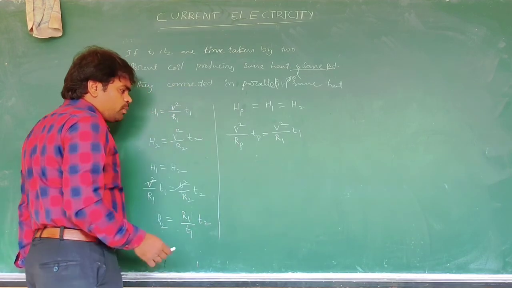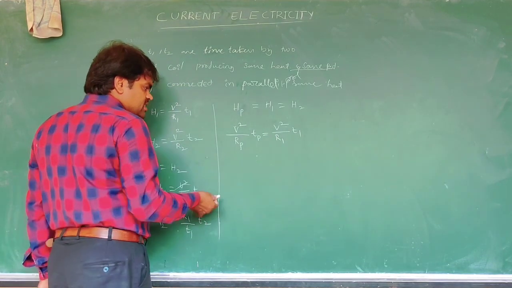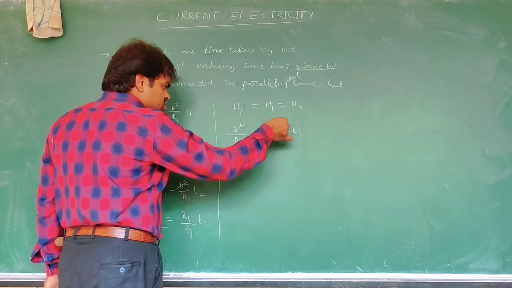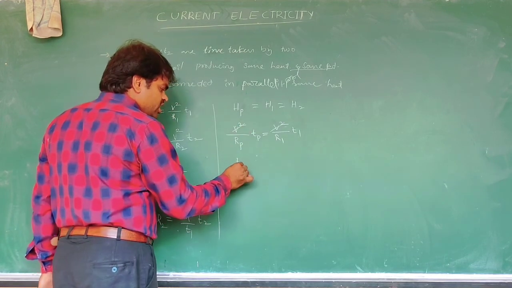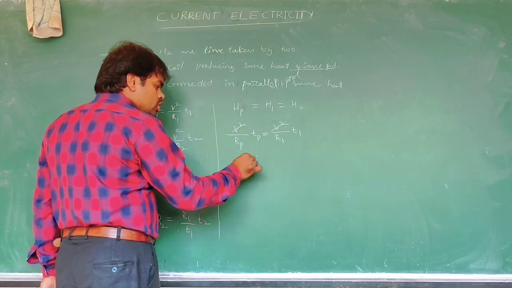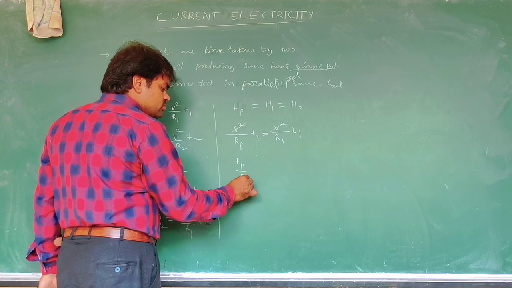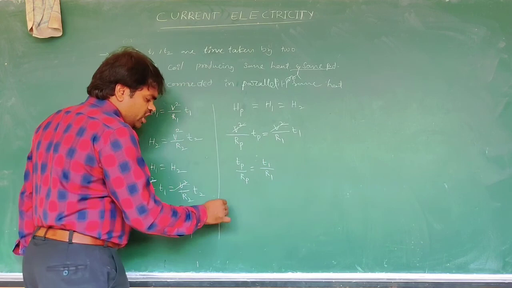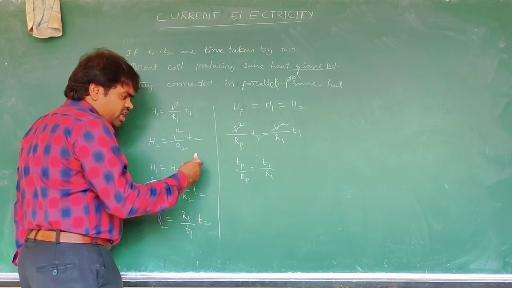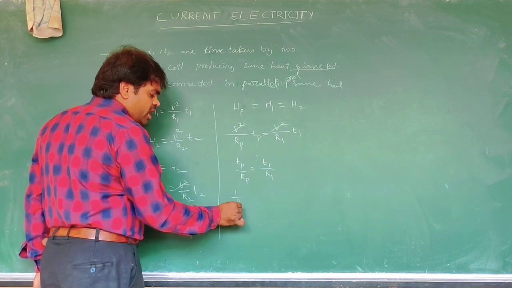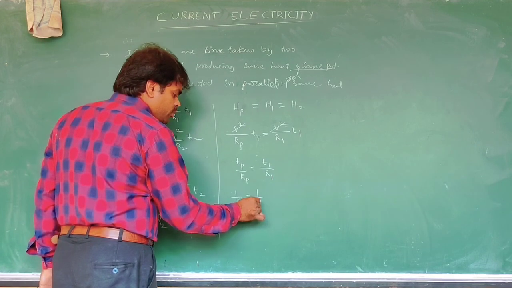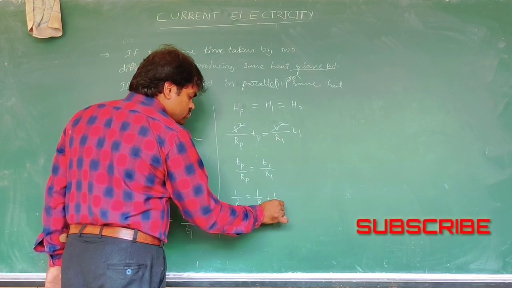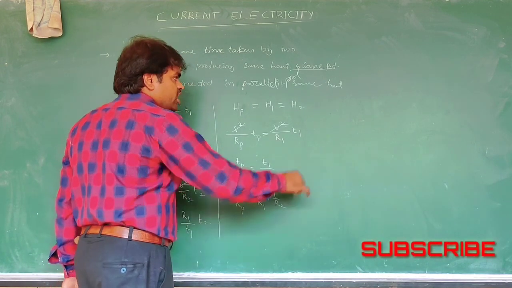Now, what is RP? First, V square cancels. That is TP by RP is equal to T1 by R1. Now in the parallel combination of resistance, the formula is 1 by RP is equal to 1 by R1 plus 1 by R2. Then we substitute.